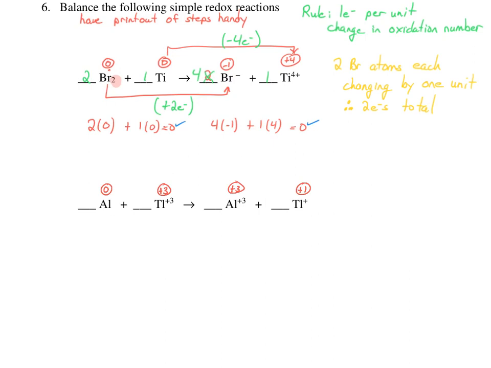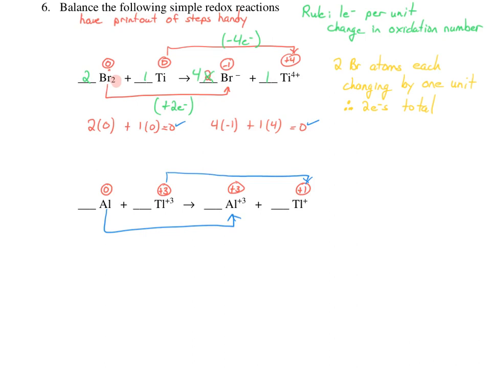So let's connect up those things that are changing. Here aluminum is oxidized, going from 0 to +3. That's an increase in oxidation number, becoming more positive. This is going to be oxidation. Thallium goes from +3 to +1, a decrease in oxidation number. That's going to be reduction.